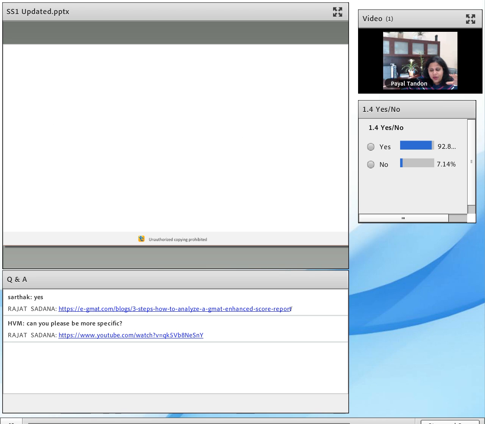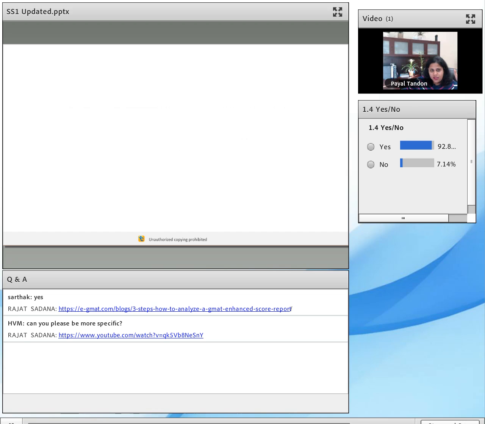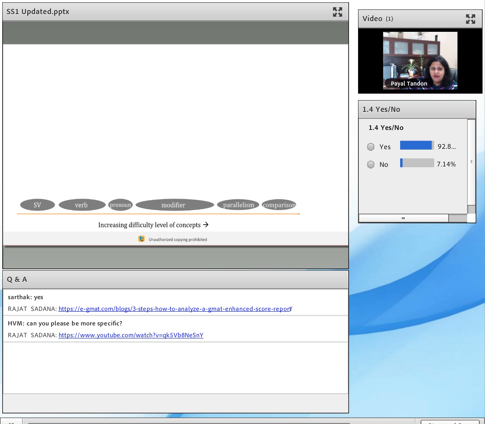So first, I'm going to tell you when it is that you need to learn the method. Now, most students go through all the concepts. If you think about it, sentence correction has subject-verb concepts, verb concepts, pronouns, modifiers, parallelism, comparison, and then idioms as well, right? And this is the increasing difficulty level of concepts. You definitely need to know subject-verb concepts before you even worry about verb tenses.